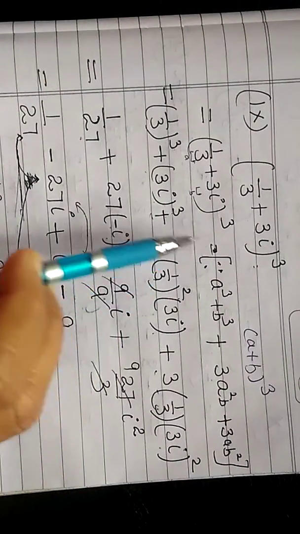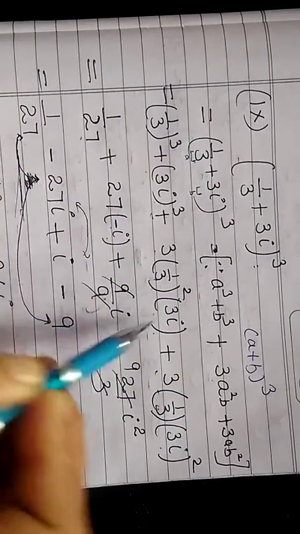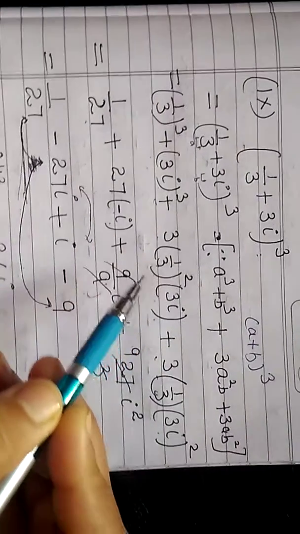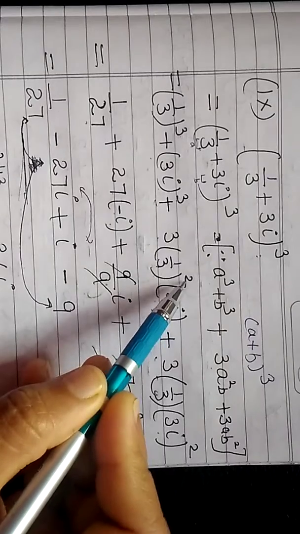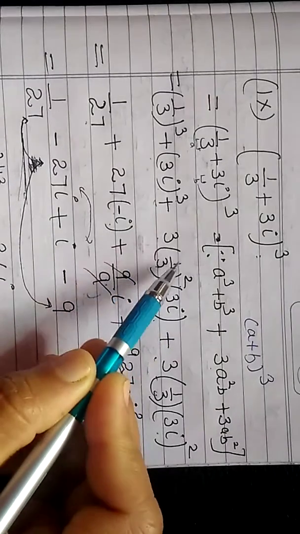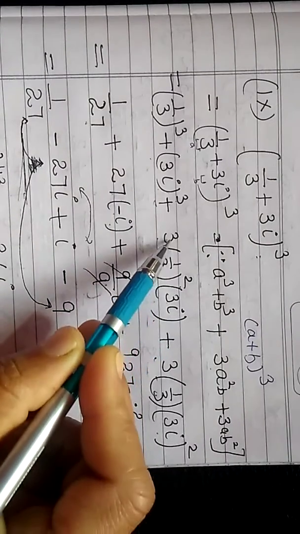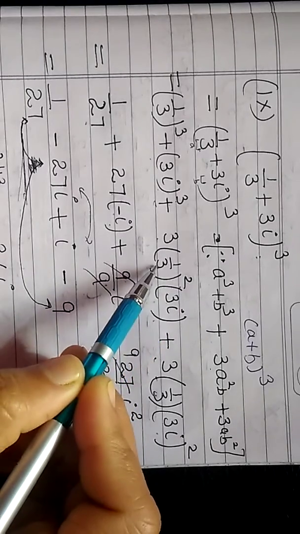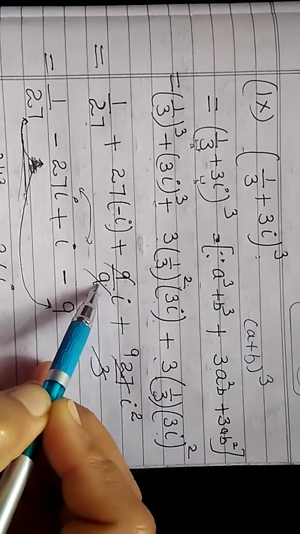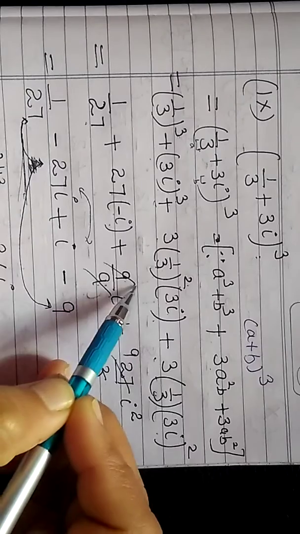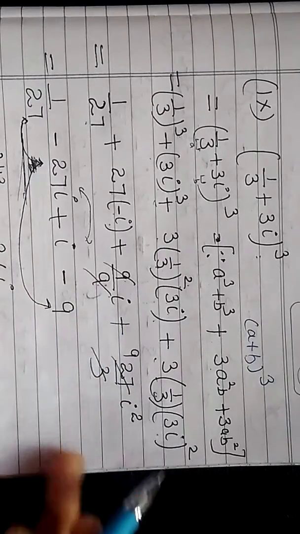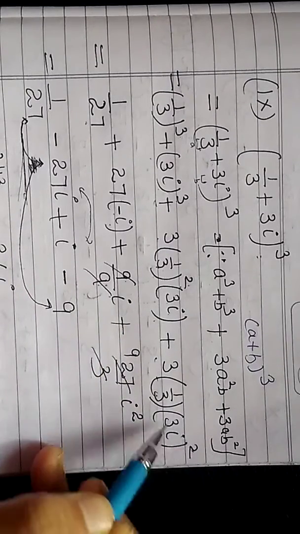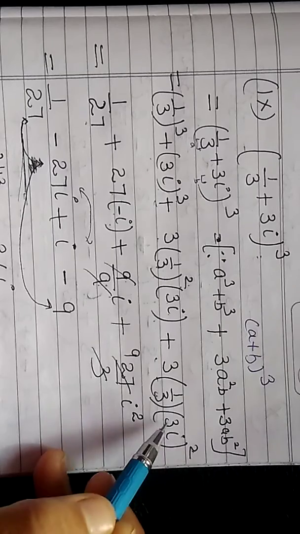So minus iota here, and just simplify it properly. 1 square is 1, and 3 multiplied by 1 multiplied by 3 is 9. So 3 square is 9, of course. Iota as it is, I will cancel out 9 with 9. And here 3 square is 9, exactly.